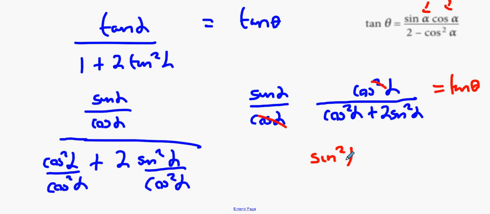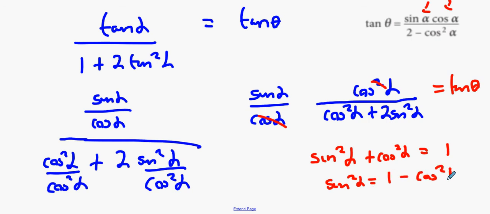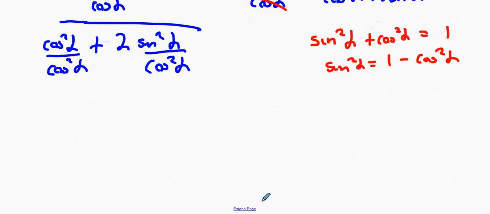Sine squared alpha plus cos squared alpha equals what? 1. Sine squared alpha on its own? 1 minus cos squared alpha. Double both sides. 2 sine squared alpha equals 2 minus 2 cos squared alpha.